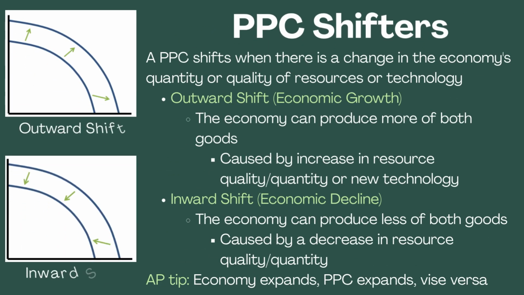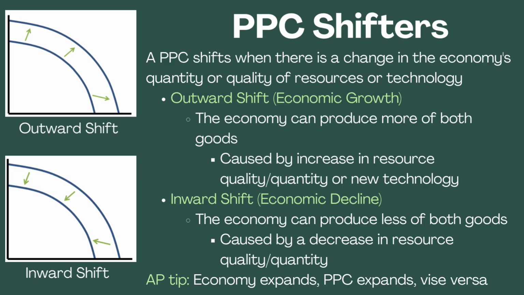The production possibility curve shifts if there is a change in the quantity or quality of resources or technology in an economy. An outward shift is economic growth, meaning the economy can produce more of both goods, which is caused by an increase in resource quality or quantity.